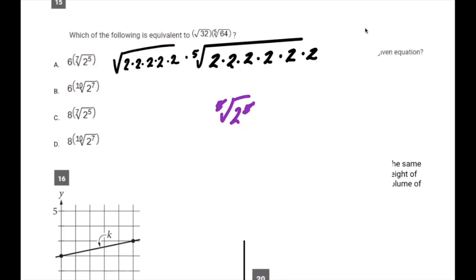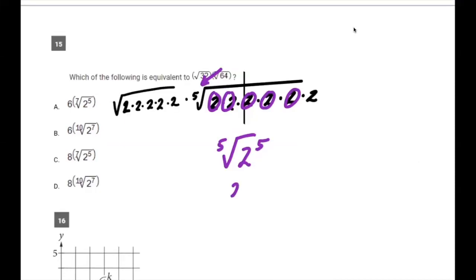So we do have 5 2's under our 5th root. We have 1, 2, 3, 4, 5. So we can pull a 2 out front here, and then we're left with times the 5th root of 2 because we have that one remaining 2 under the 5th root symbol.